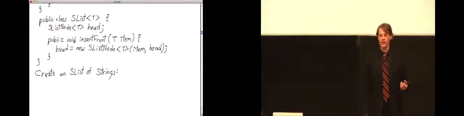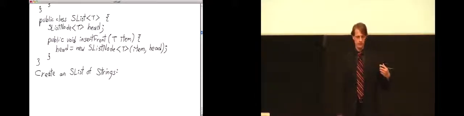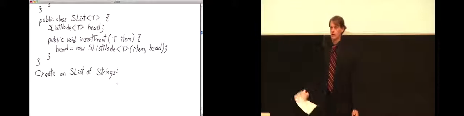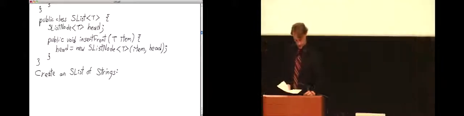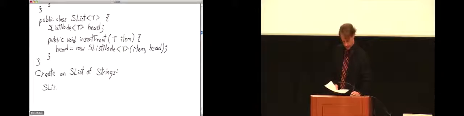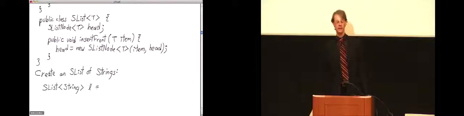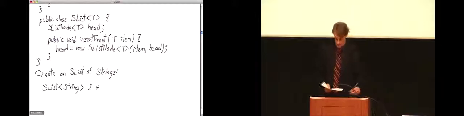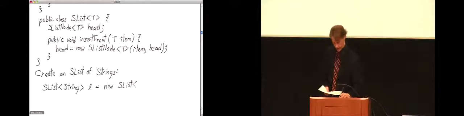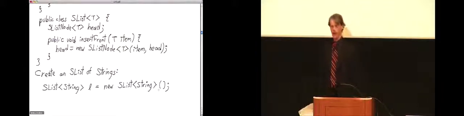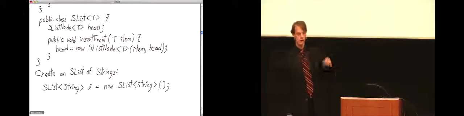I need to actually fill in an actual parameter that fills in the formal value of T. So I want strings, and so I'm going to declare a variable whose type is an S-list of strings. And having declared that variable, I'm going to construct a new S-list of strings. So here I'm constructing the actual object and storing it in that variable. And now that I've done that, I can insert a string into it.